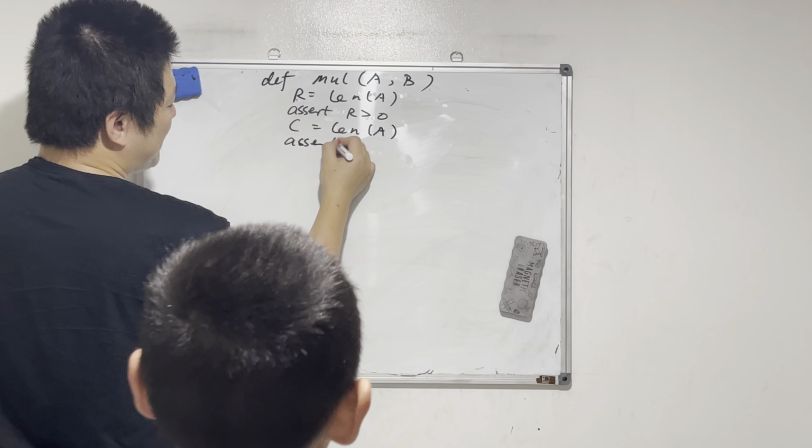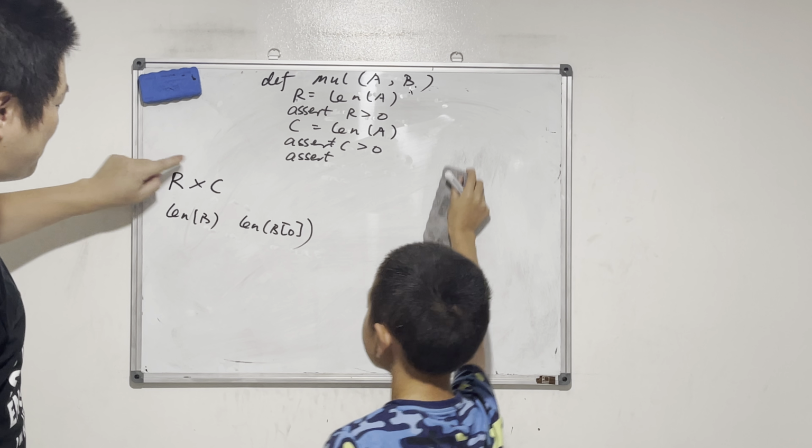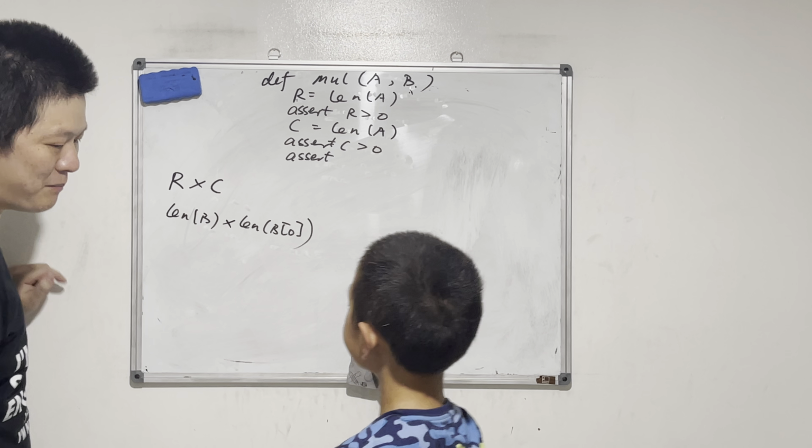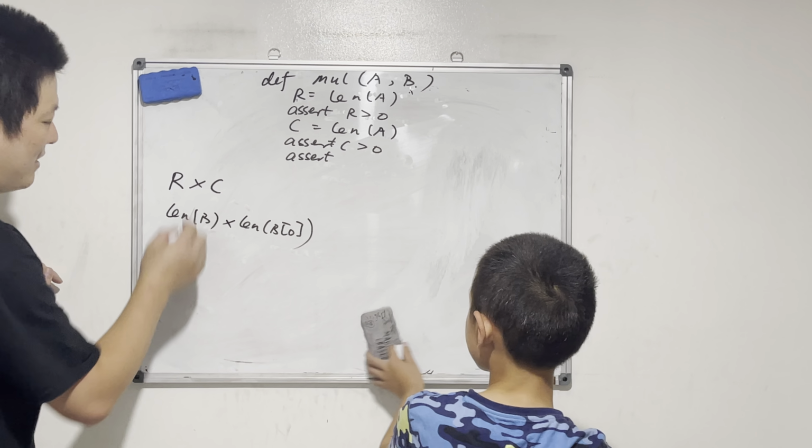Which two numbers should be the same? A is R times C, and B is this times this. In order for A times B, which two numbers need to be the same?